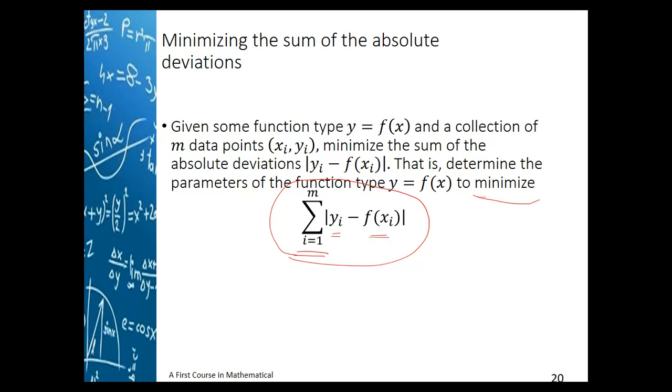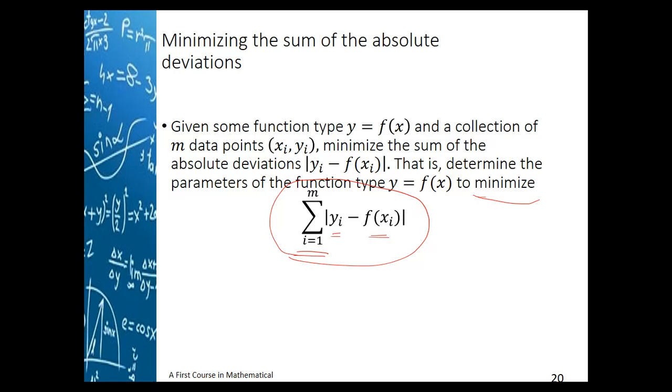Absolute value does not give you a continuous function. So if you don't have a continuous function, you cannot make the derivation. If you cannot make the derivation, you cannot find the critical point. That's the main problem with this issue. That's why we don't talk much about this.